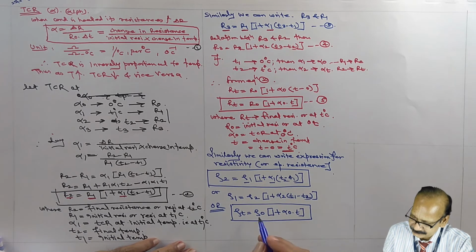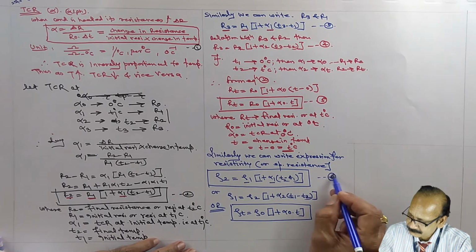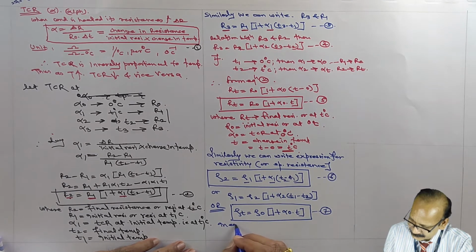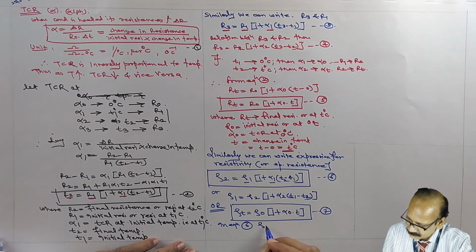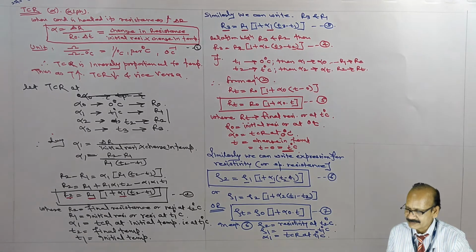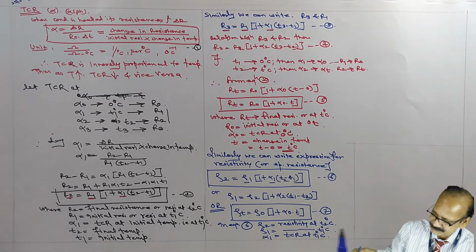Where in equation 6, rho 2 is the resistivity at T2 degree Celsius, rho 1 is the resistivity at T1 degree Celsius, alpha 1 is the TCR at T1 degree Celsius, T2 is the final temperature and T1 is the initial temperature.